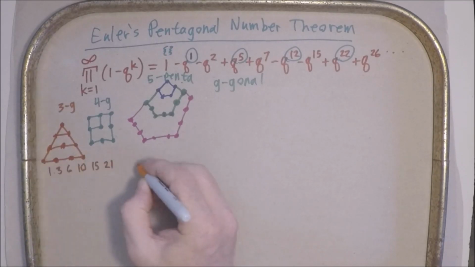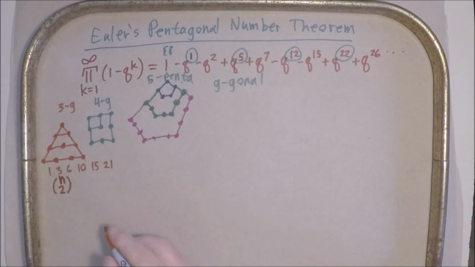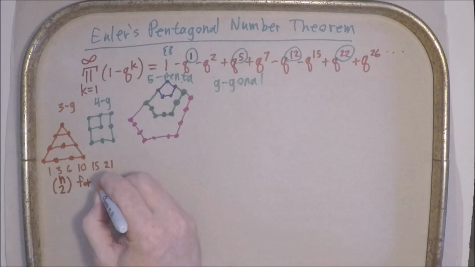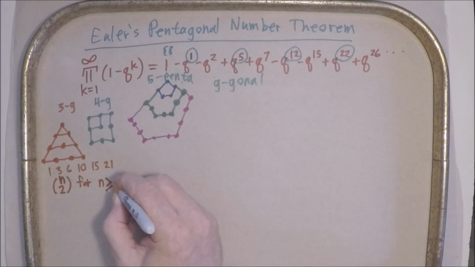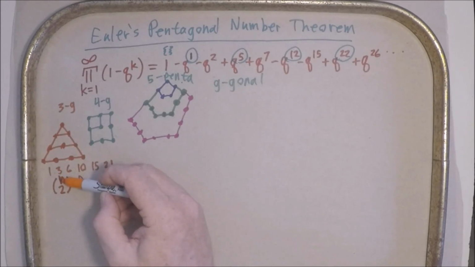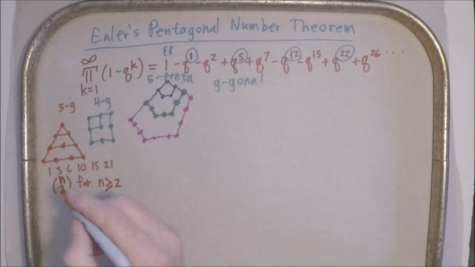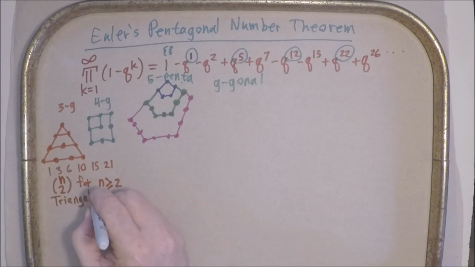And also, these are the binomial coefficients n choose 2 for n greater than or equal to 2. Because 2 choose 2 is 1, 3 choose 2 is 3, 4 choose 2 is 6, etc., etc. Or simply the triangular numbers.